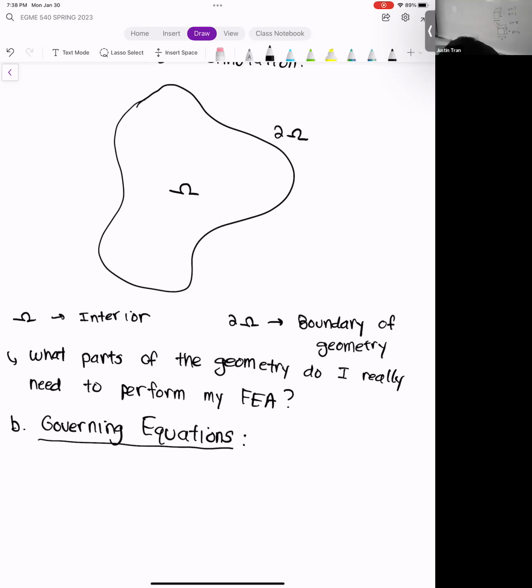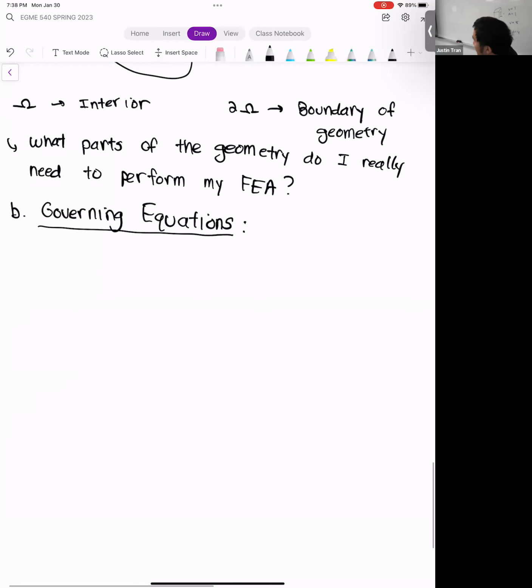Next thing is the governing equations. We've talked about this a lot, so I'm not going to go into detail. The governing equations are basically the differential equations that define how your part is going to behave physically.